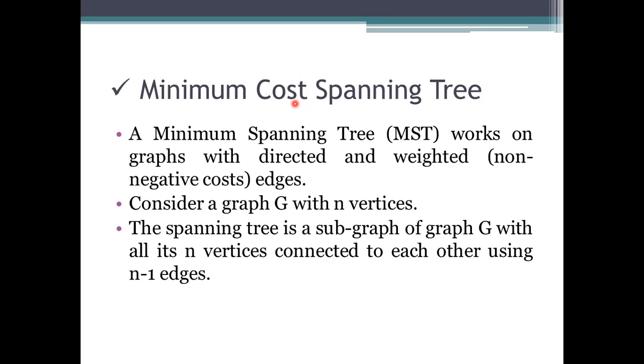We can have directed and also undirected representations, and it is a weighted graph with non-negative values. Likewise with the previous examples, we draw the spanning trees and take the cost of each spanning tree. The one with the minimum cost we declare as the spanning tree used to traverse all the vertices using this set of edges.